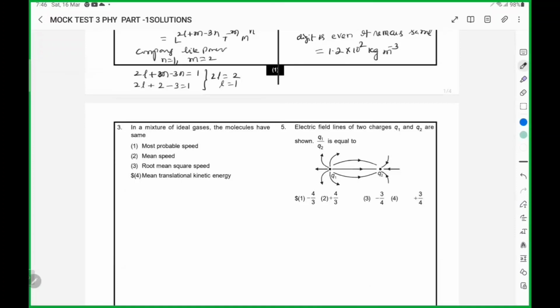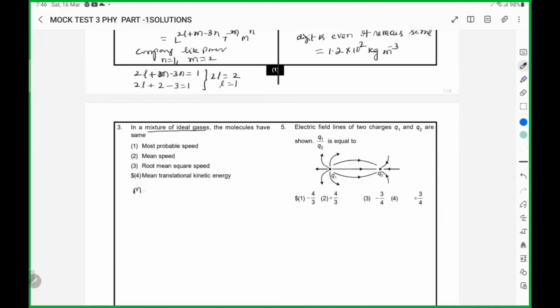So here, in a mixture of ideal gases, the molecules have some mixture of ideal gases. So different ideal gases, different molecular weights.